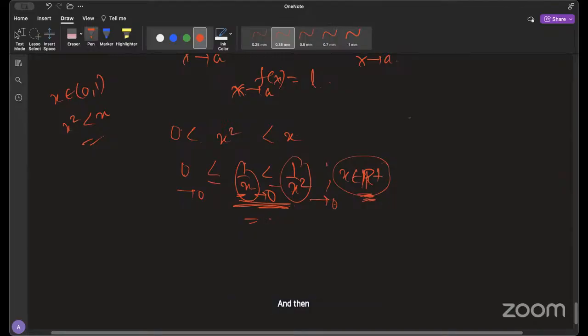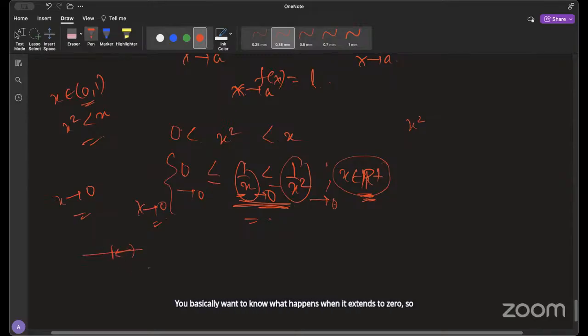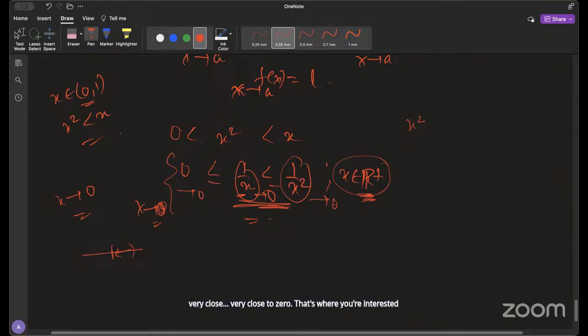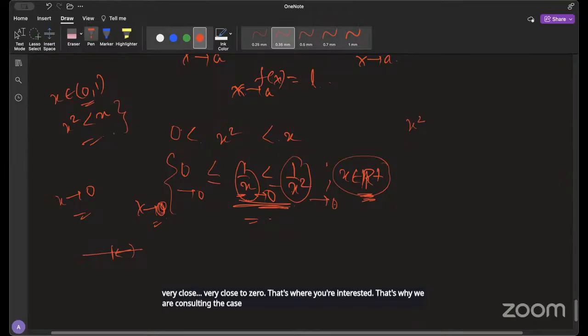For limit as x tends to 0, I forgot to mention this: you're calculating the limit when your x tends to 0. So in this interval, you basically want to know what happens when x is very close to 0. That's where you're interested. That's why we are considering the case x square less than x.